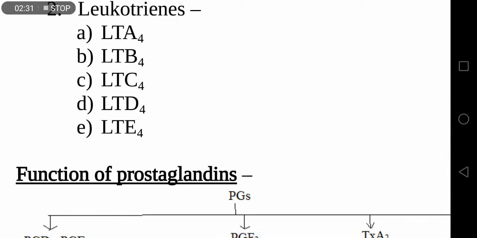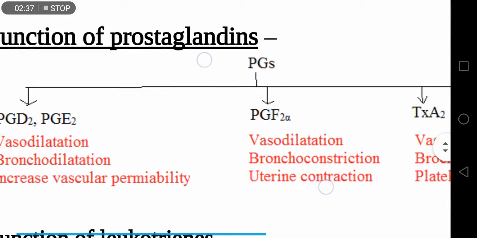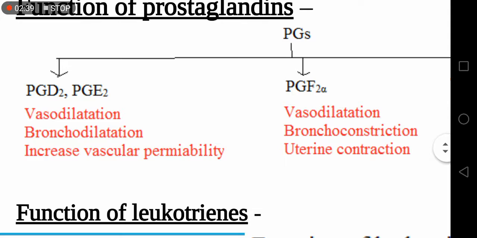Next, the function of prostaglandins. Prostaglandin D2 and E2 have the same function. They cause vasodilatation, bronchodilation, and increased vascular permeability.